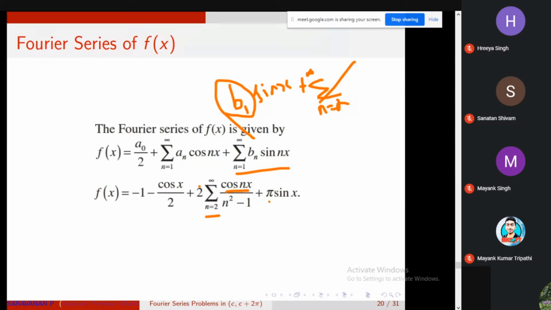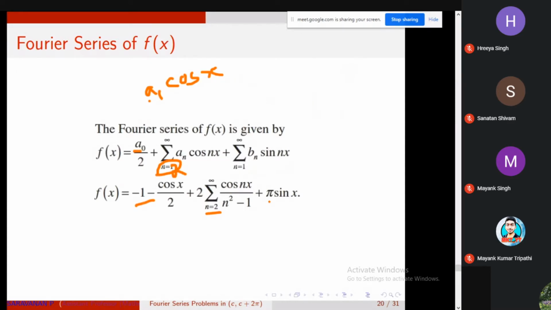You will get this type of problem whenever you use the sin a cos b, cos a sin b formula, because only there you will get n plus 1 x, n minus 1 x. After integrating, in the denominator you will get n minus 1. So always remember, whenever you are using cos a cos b, sin a sin b, sin a cos b, and cos a sin b, you will get a1 separately, an separately, bn separately, and b1 separately.